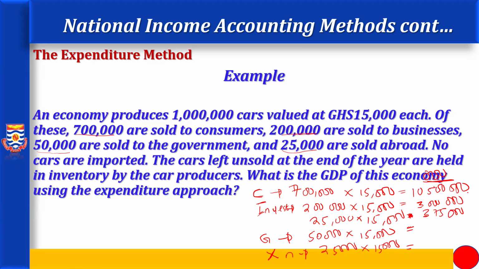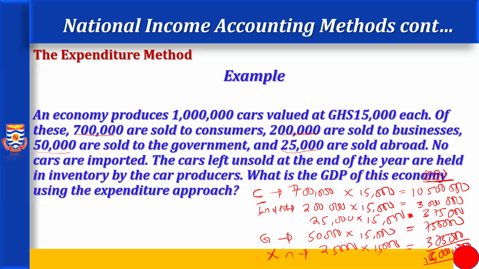Then 50,000 times 15, that's 750,000. And then the total will be 15 million, or 15 billion if it has all the three zeros, right?